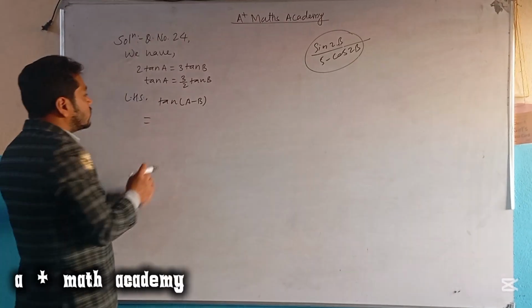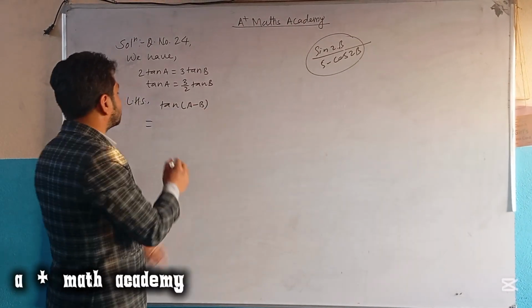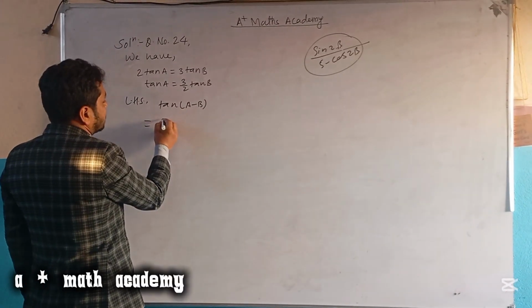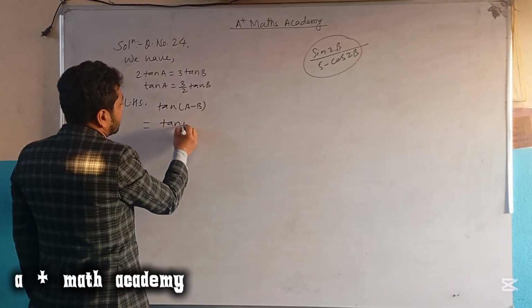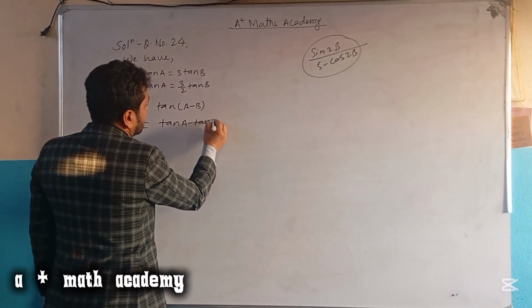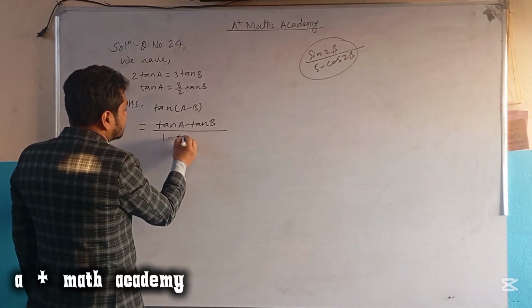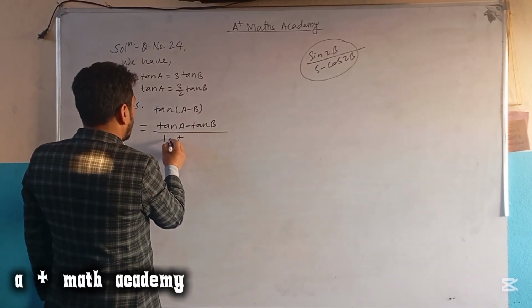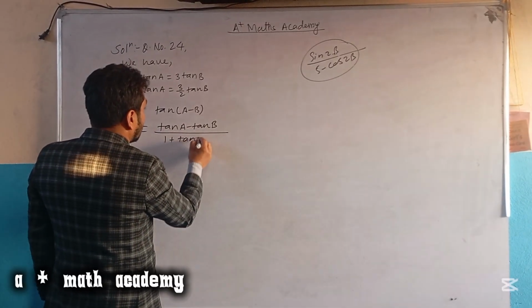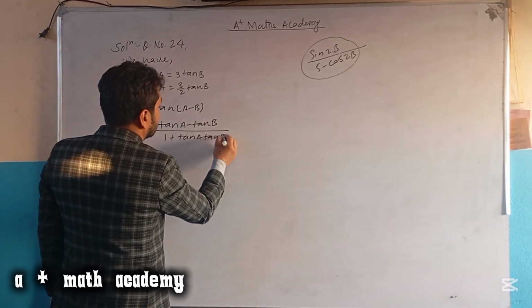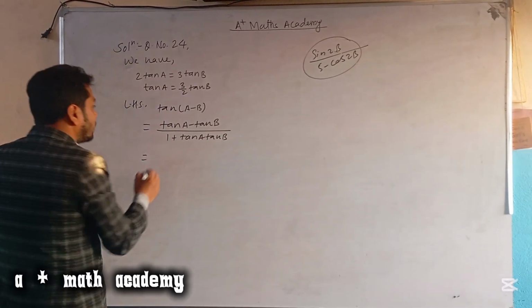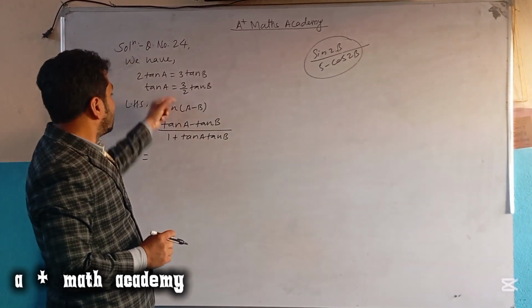First of all, we know the formula of tan(A minus B): tan A minus tan B upon 1 plus tan A tan B. Now we have to put the value of tan A in this.